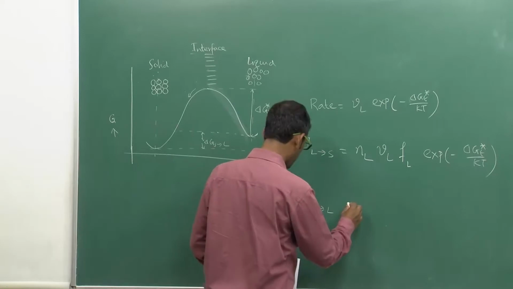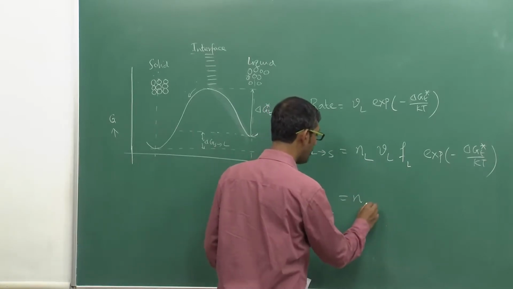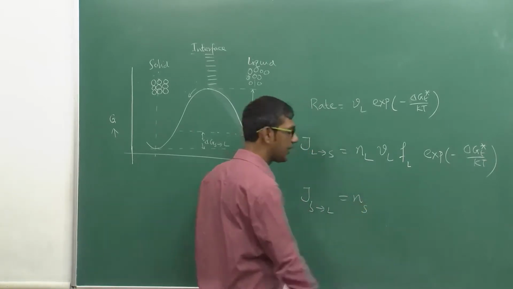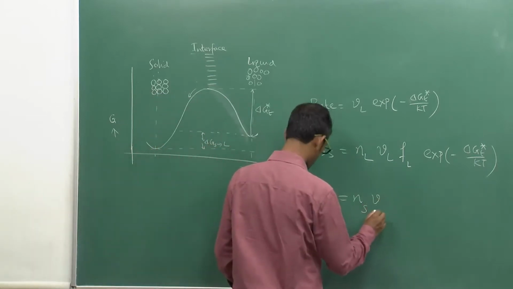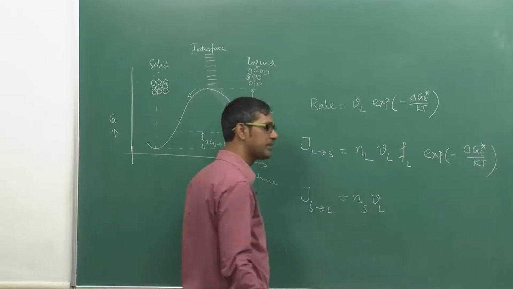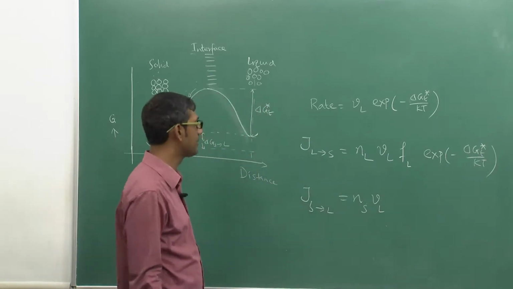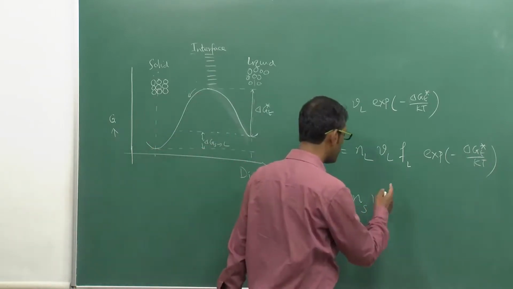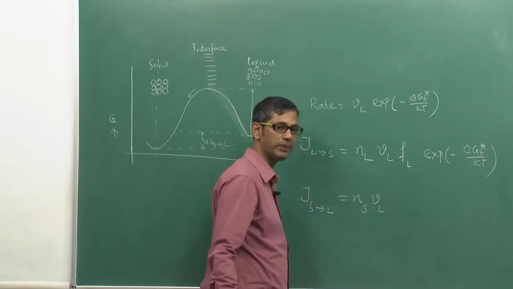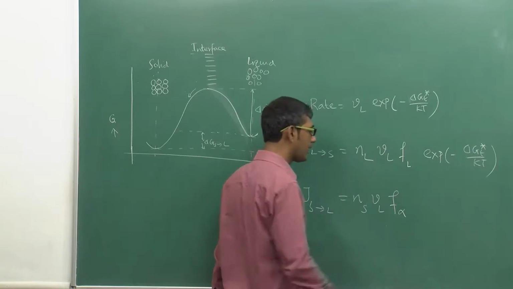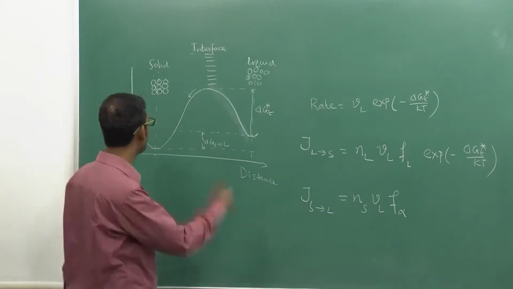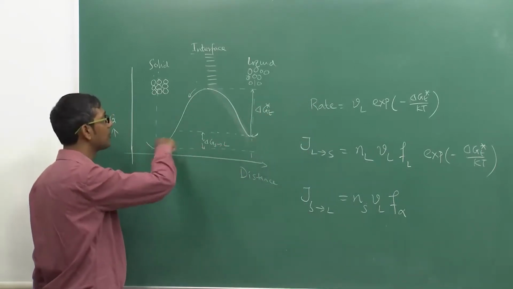For solid to liquid, NL will be substituted by NS, the number of atoms. Again the frequency, you can write down the frequency for the solid also, but it does not matter because the frequency of the vibrations remains almost the same. And then not all atoms may be able to go back, because if they have to go back they have to again cross the barrier.